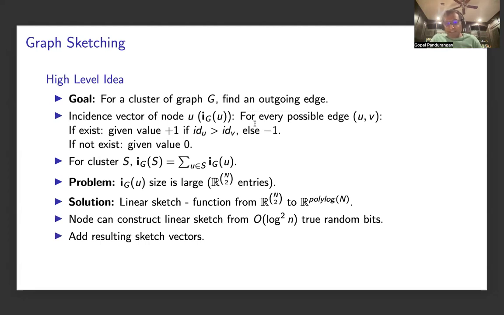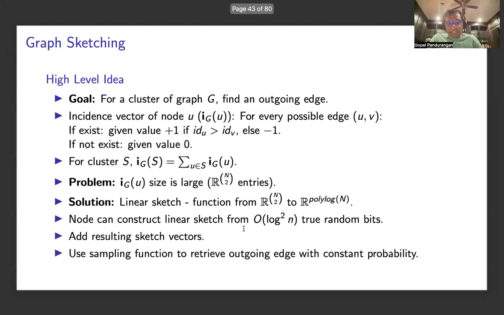And now you add the sketch vectors, just like we added the incidence vectors. Each sketch vector of a node is log n bits, and we simply add these sketch vectors component-wise.